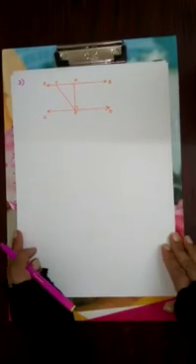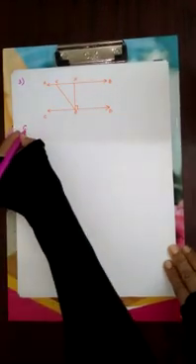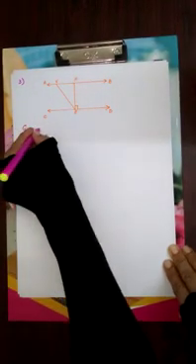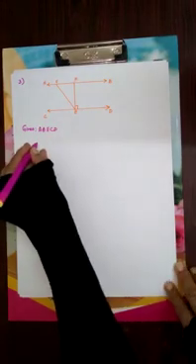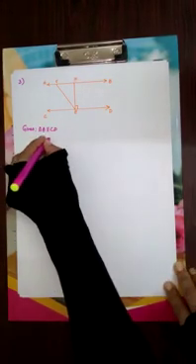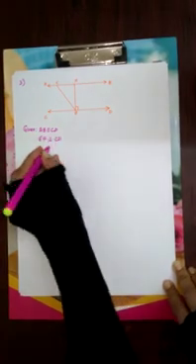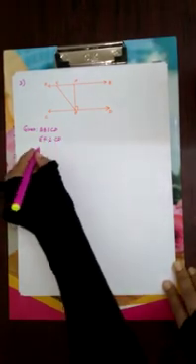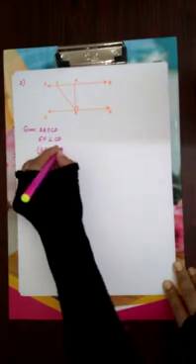Yes, children, observe the figure and let us write what is given to us. Okay, so they have given us that AB is parallel to CD, EF is perpendicular to CD, and they have also given angle GED is equal to 126 degrees.